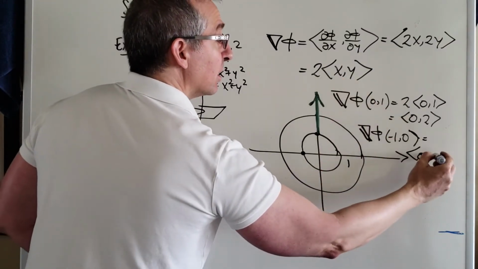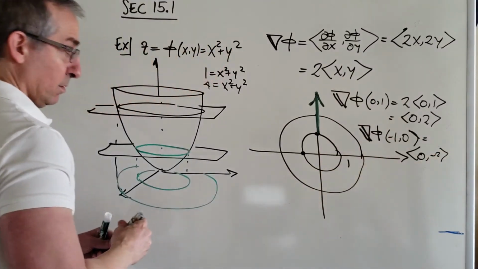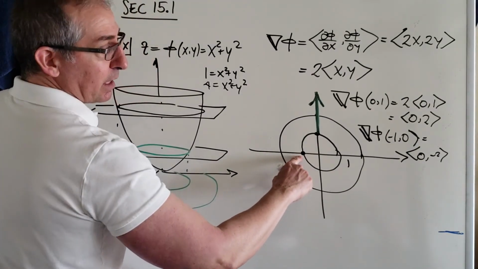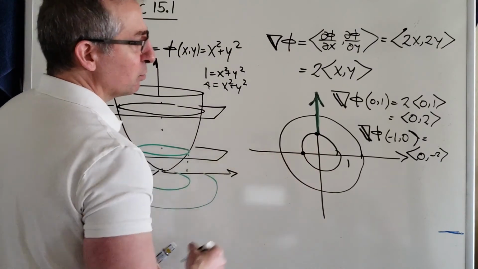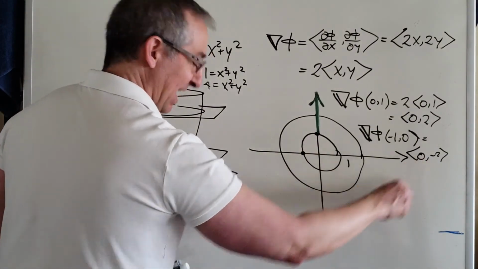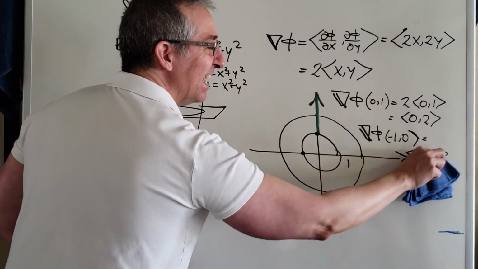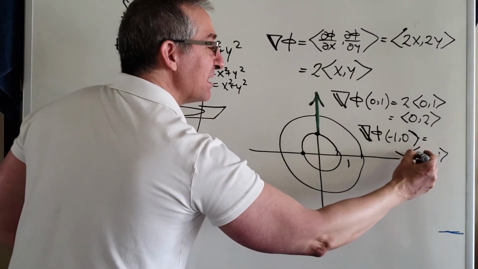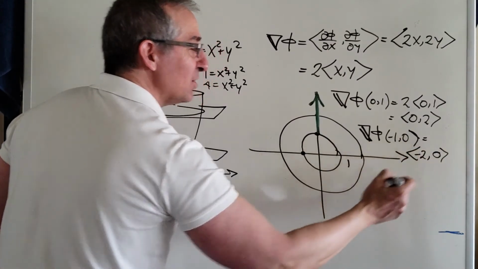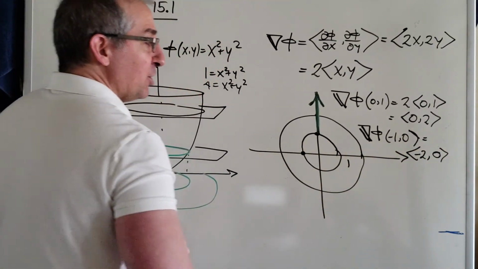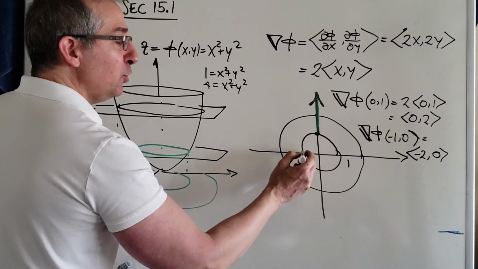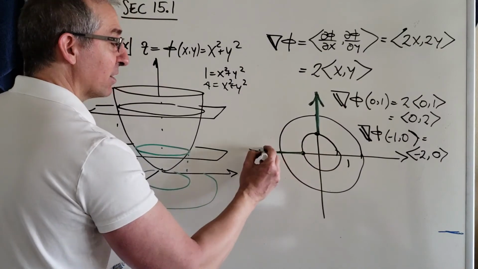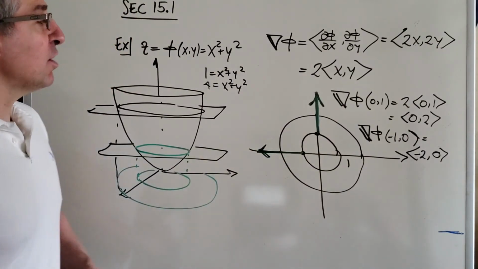Right here. Okay, so from this, I'm going to count no units left and 2 units. Ooh, what is that? Did I get that right? Oh, I got it switched, gang. You know when you make a mistake, soon as you say it, right? Okay. So from the point -1, 0, I'm going to count 2 units to the left and no units up or down for that matter. Okay. And again, on and on we can go like this.